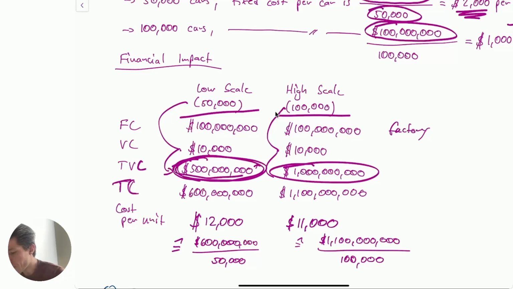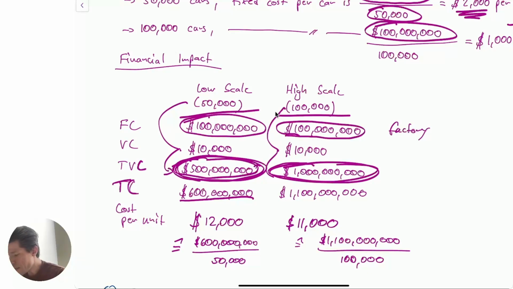So you have 500 million plus the 100 million factory, which gives you a total cost of 600 million. Same here. You have total variable cost of 1 billion plus the 100 million factory cost, which gives you 1.1 billion.